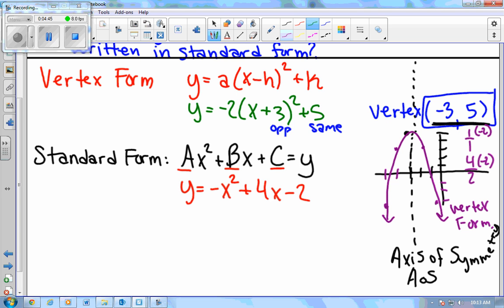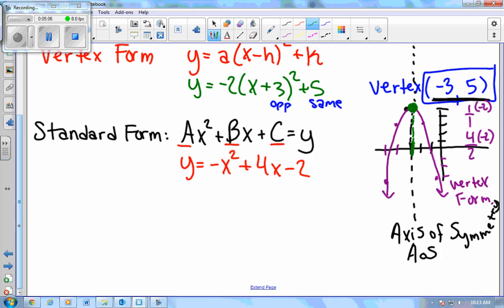Notice it always goes through the vertex, and it slashes through the x-axis. So the x-coordinate of the vertex is your axis of symmetry. If we can find the x-coordinate of the vertex, we know the axis of symmetry, or if we know the axis of symmetry, we can figure out the vertex.